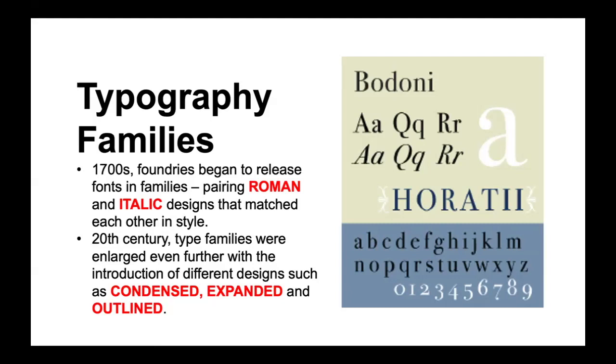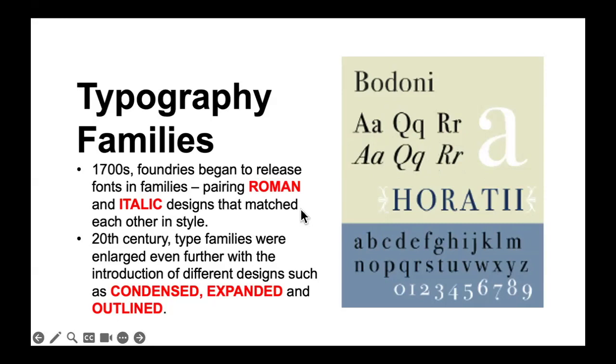In the 1700s, they began to release fonts in families, because probably they weren't that sophisticated until that point. They started making Roman and italic that matched the other typefaces they were already making. Italic is this kind of leaned over emphasis typeface, and Roman is the thinner, but straight up and down typeface.